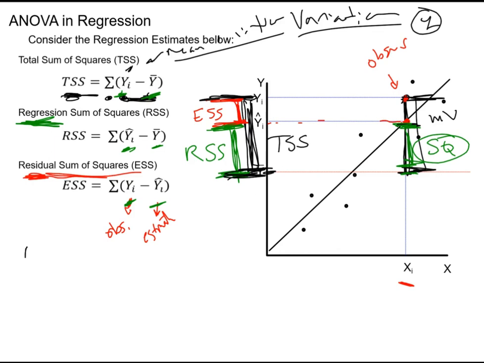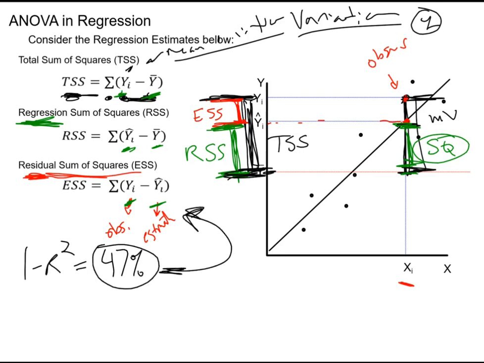Notice, if we do 1 minus the R squared, what are we getting? We're getting about 47%. That also means that 47% of the variation in market value is explained by something other than what's in our model. That's what the residual or the error sum of squares is capturing: how much of the variation is not being captured in the model.